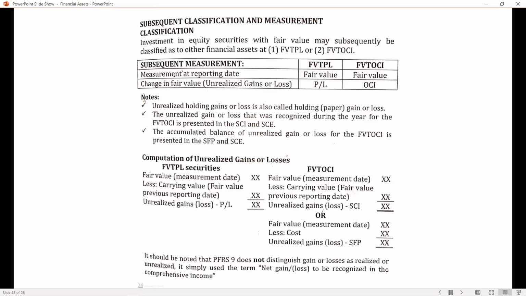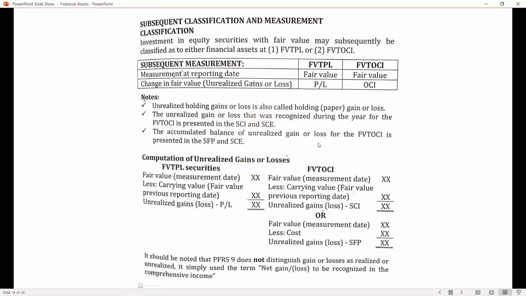So, the accumulated balance of unrealized gain or loss for FVOCI is presented in Statement of Financial Position at saka sa changes in equity pala to. Itong SCE, Statement of Changes in Equity. Again, yung unrealized gain or loss natin, kapag FVOCI, ipe-present natin siya sa comprehensive income.